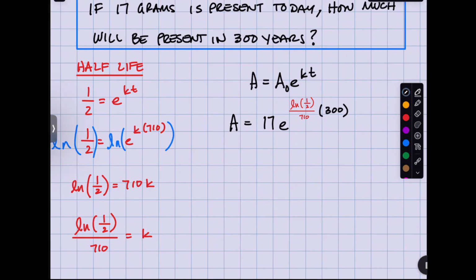Don't plug in your Apple calculator. Use Desmos or use your TI.